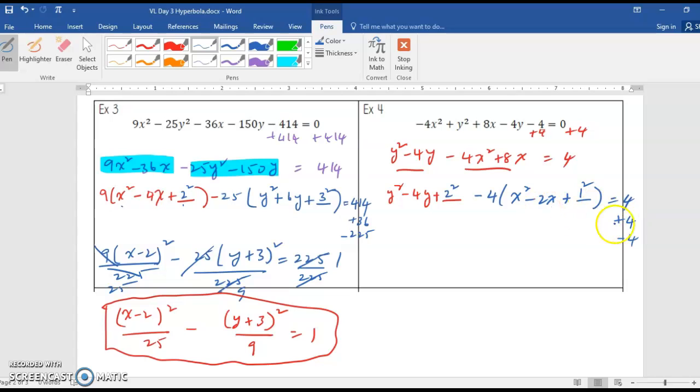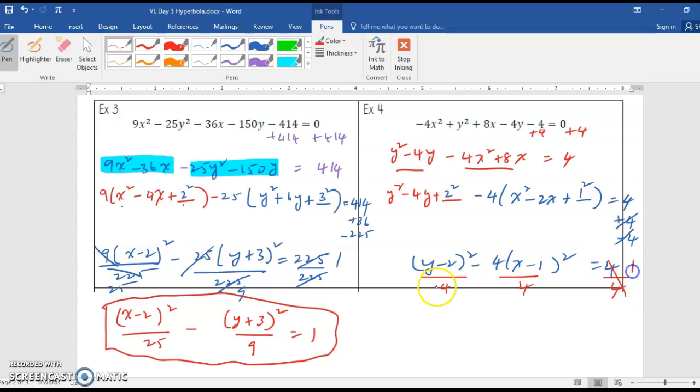I hope you understand this simple thing here, but a tricky one. So this 4 and 4 cancel anyway, so it'll be just 4 on the right, but on the left you will have y minus 2 squared minus 4 times x minus 1 squared. The final step would be to divide the whole equation by 4, meaning each term.